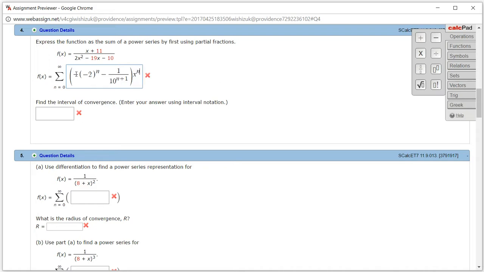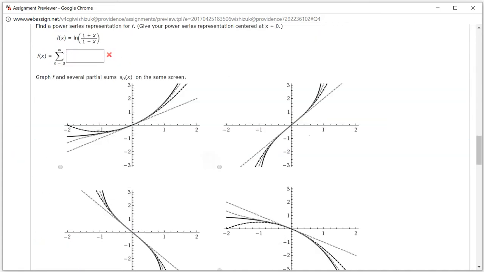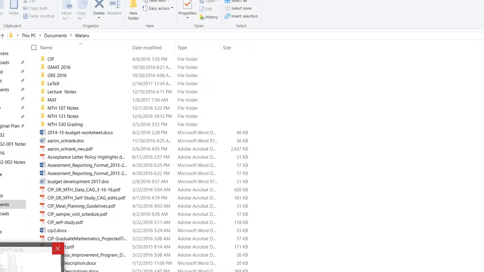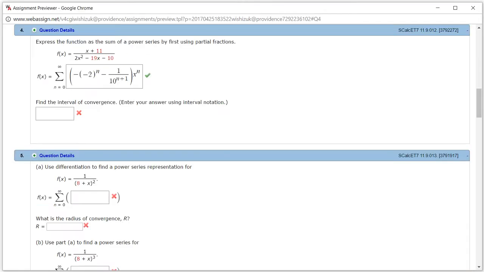Let's see if this is correct. Submit for testing. We got the first part correctly.